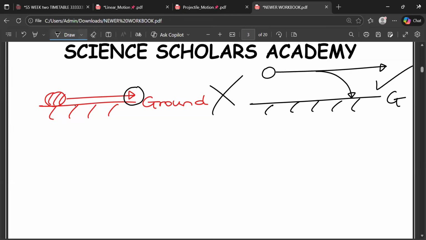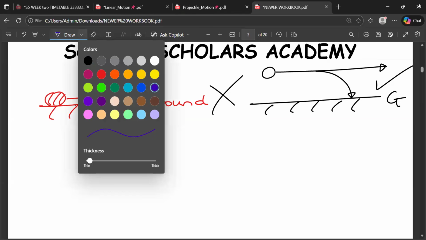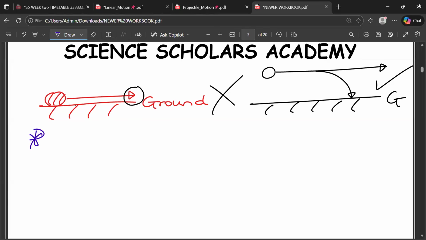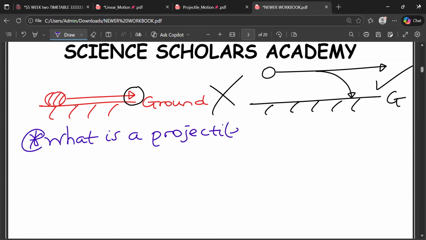Now, I want to ask people, what is a projectile? I don't know if people know what this means. Who can tell me what is a projectile? Let's resolve a few terms, then we derive equations for horizontal projection. We write everything. Who can tell us what is the projectile?